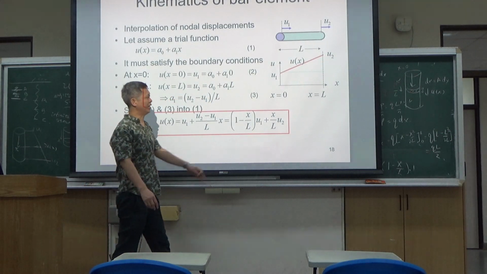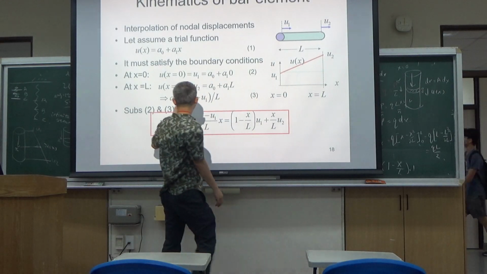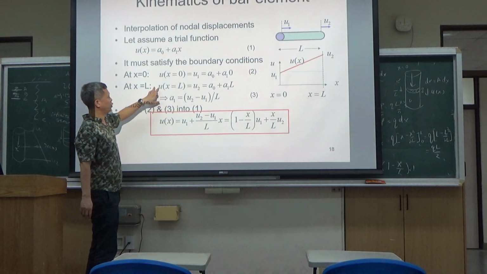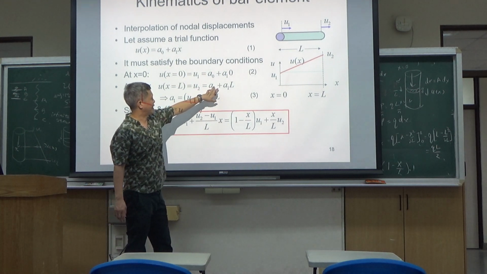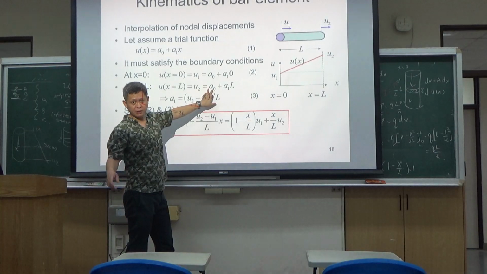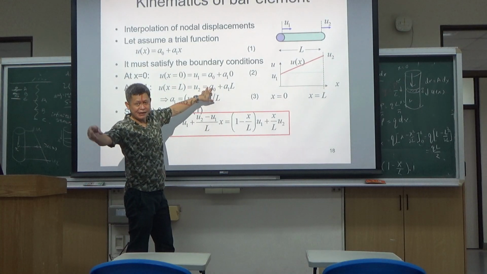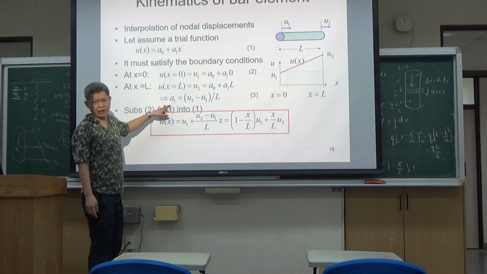Second, when x equal to L, u(x) is equal to u2. Then you have u2 equal to a0 plus a1 L. What is your a0? According to the previous calculation, a0 is equal to u1. Now you can find what your a1 is.